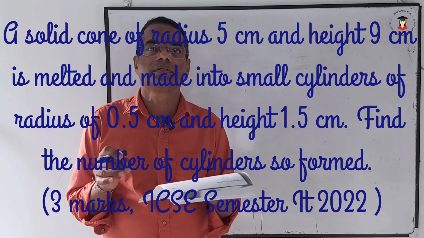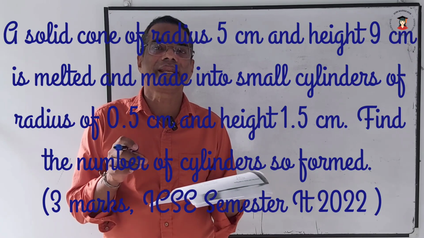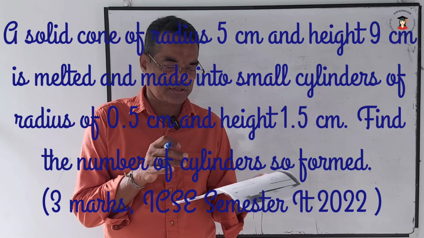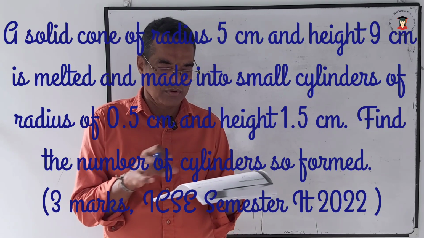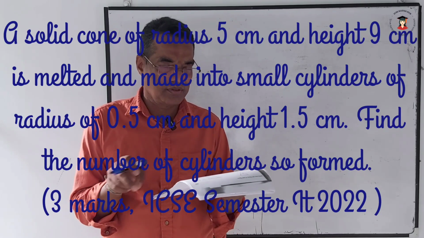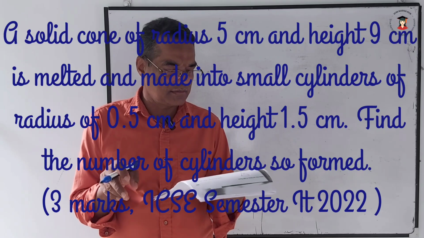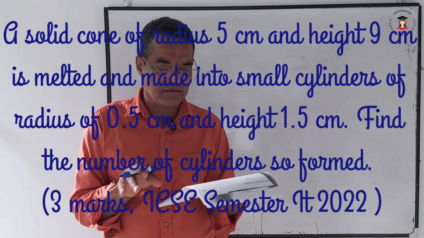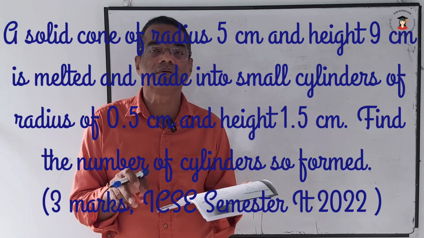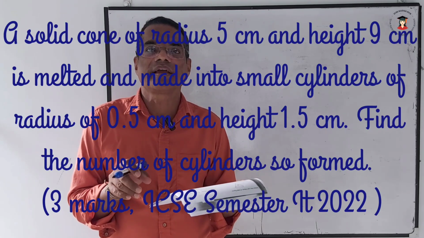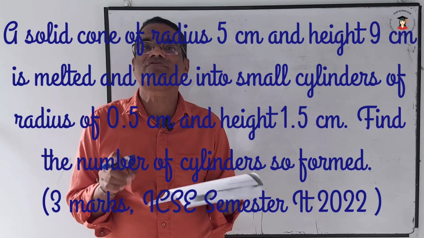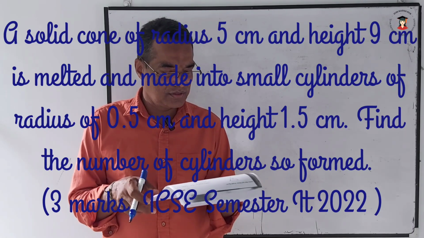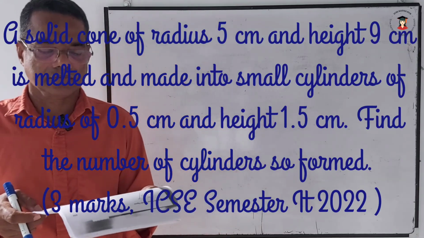After melting, it is recasted into a number of small cylinders. All the dimensions are given. Dimensions of cone are given and dimensions of cylinder also have been given. We need to find the number of cylinders that have been recasted out of this solid cone.